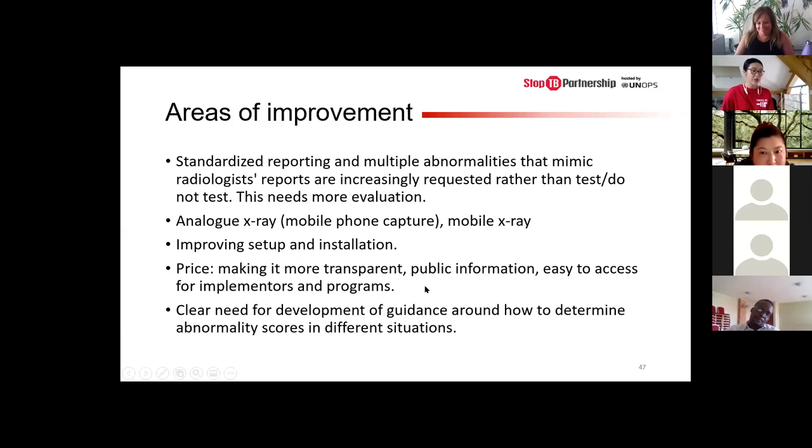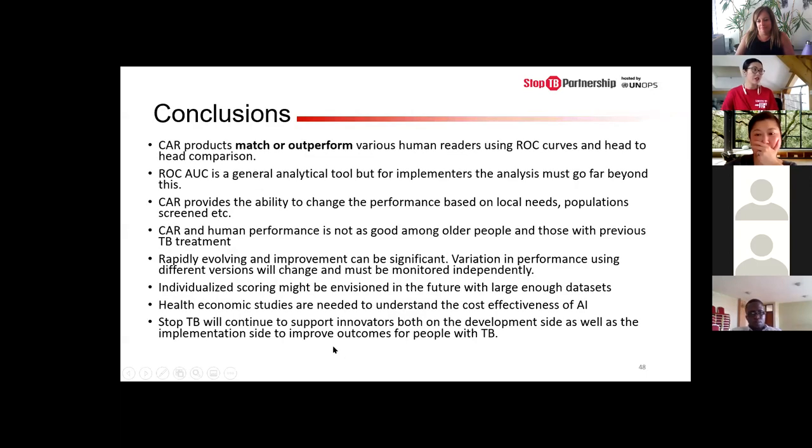As you can see, we have tried to obtain this information in our landscape project, but it's very hard to have the developers speak clearly on pricing. And obviously there's a need to develop guidance on how to use different cutoff scores in different situations.